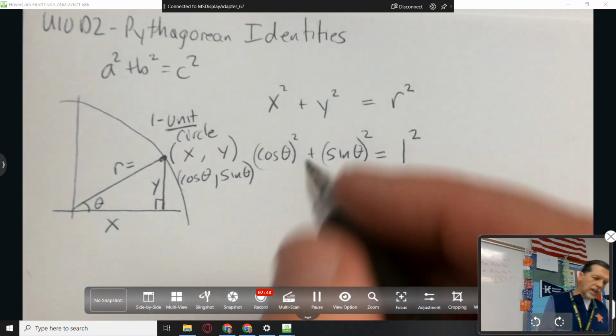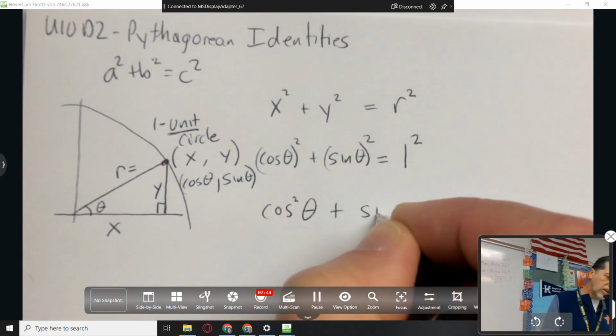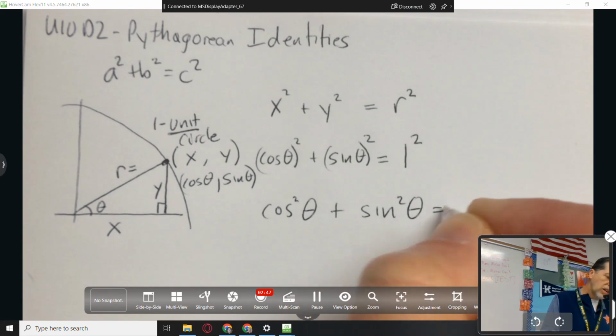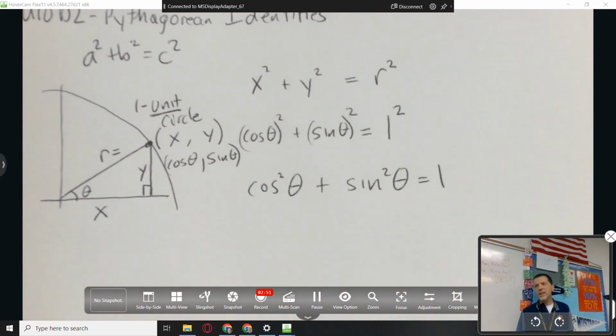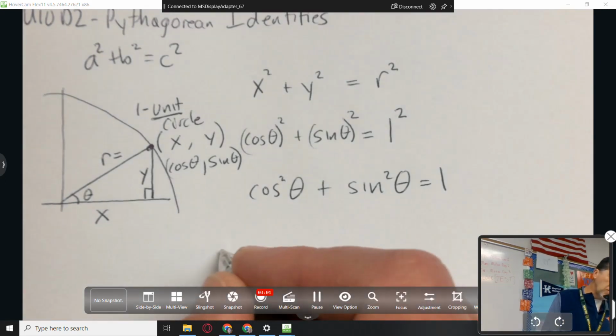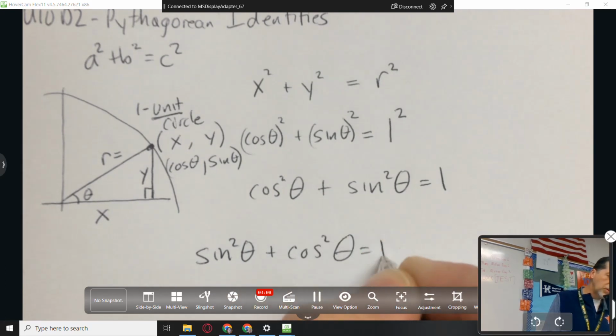And if we wrote that a little bit differently, cosine squared plus sine squared equals 1. That's our first Pythagorean identity. And for whatever reason, even though it comes from x squared plus y squared equals r squared, almost everybody remembers it the other way around: sine squared plus cosine squared equals 1.